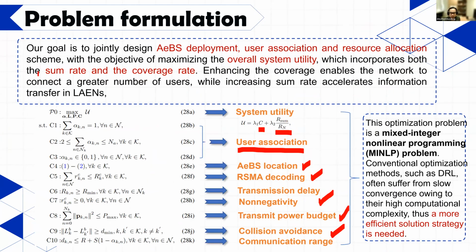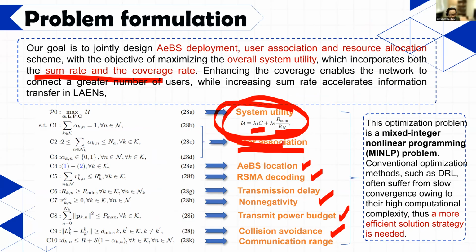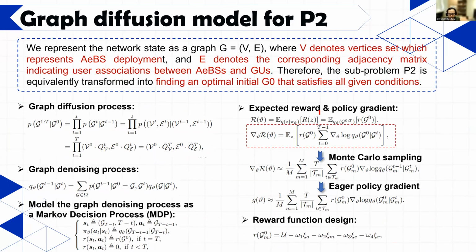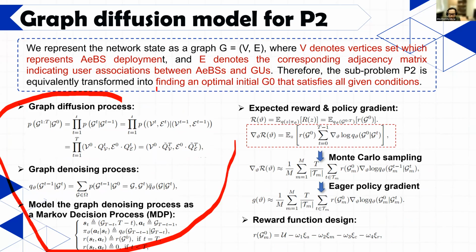So this is the weighted sum of the coverage rate and the sum rate. The idea here is that we can impose this system utility when we train the model. That means here we can impose the objective function into the denoising step.